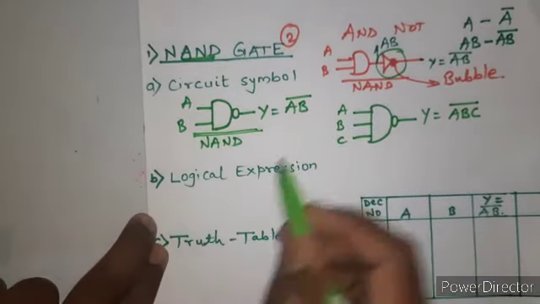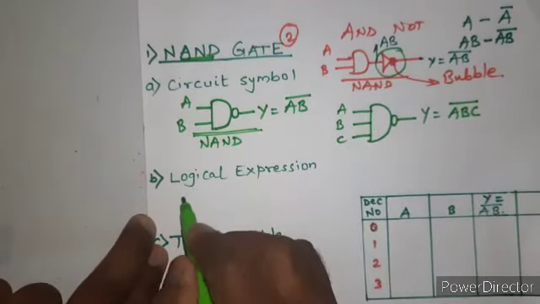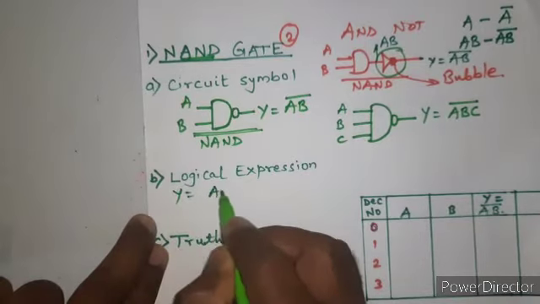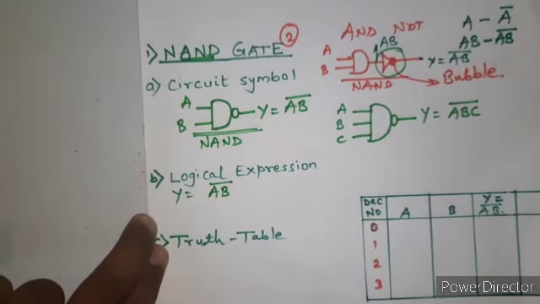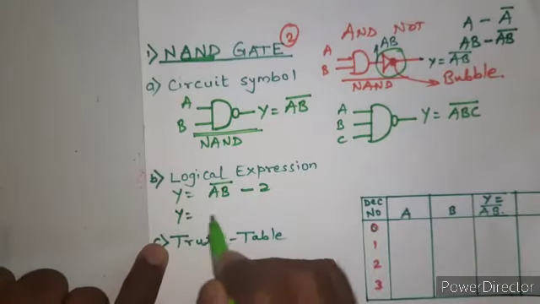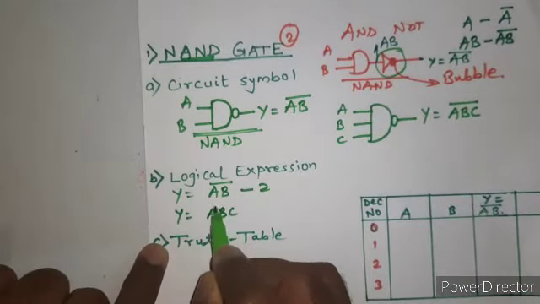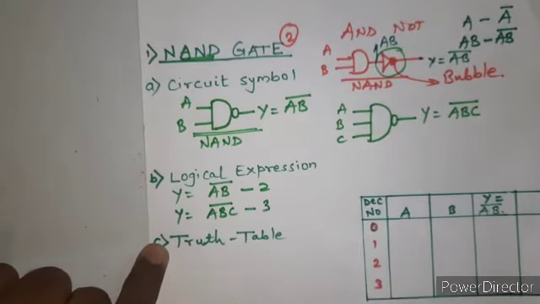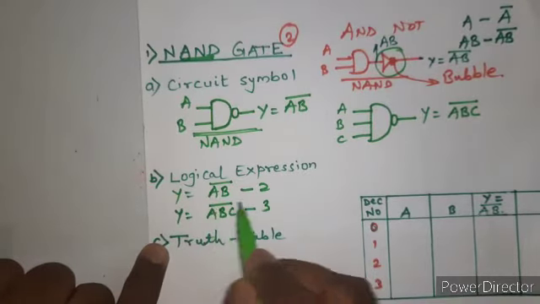Logical expression, I have already written this logical expression: Y equal to AB whole bar for 2 input, and Y equal to ABC whole bar for 3 input. Now this whole bar is important.